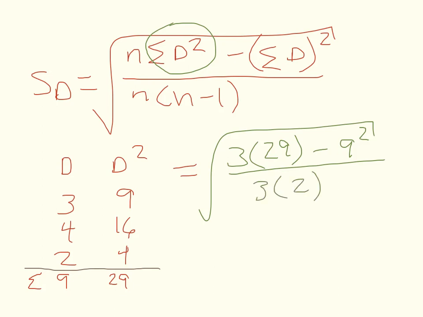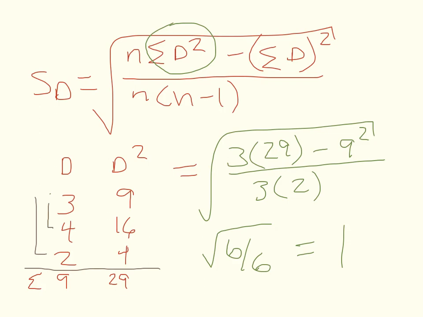So the square root of 6 over 6 equals 1. So our data has a standard deviation of 1, which makes sense since the mean is 3, and I have one value that's a point over it, and another value that's a point under it.